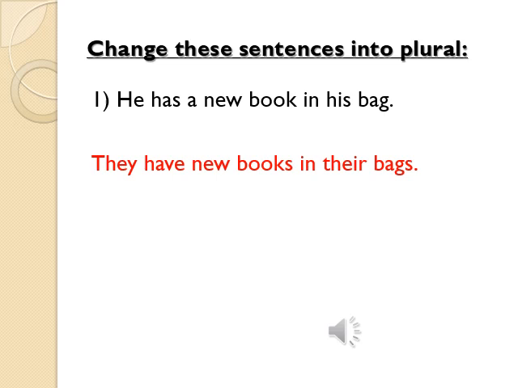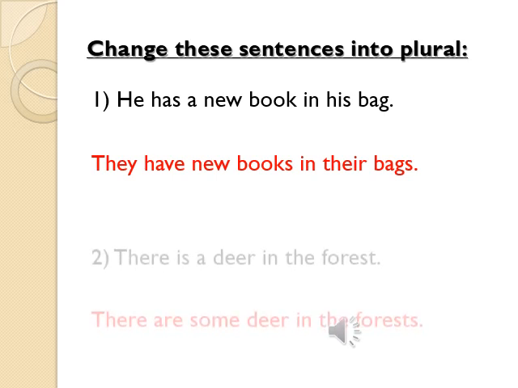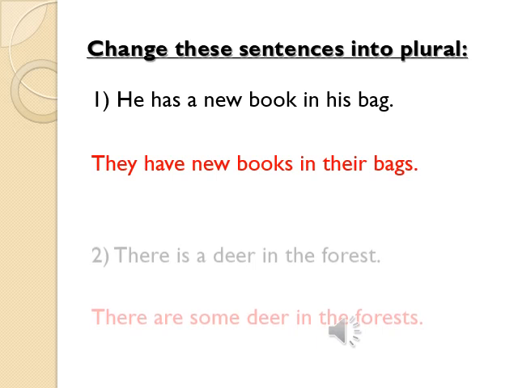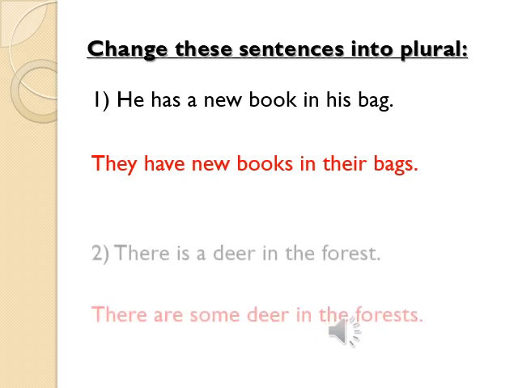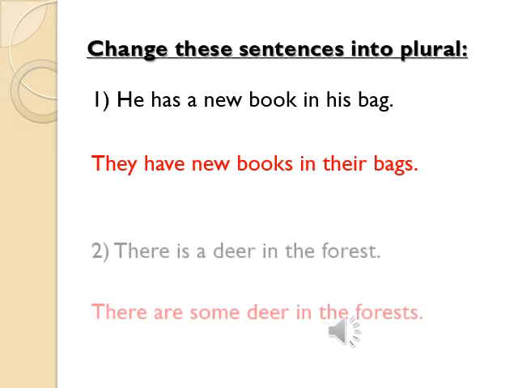"Book," "books." Here we change the noun. "In" stays "in" because it's a preposition. "His" will be "their." "Bag" will be "bags." So the answer is: they have some new books in their bags, or they have new books in their bags.